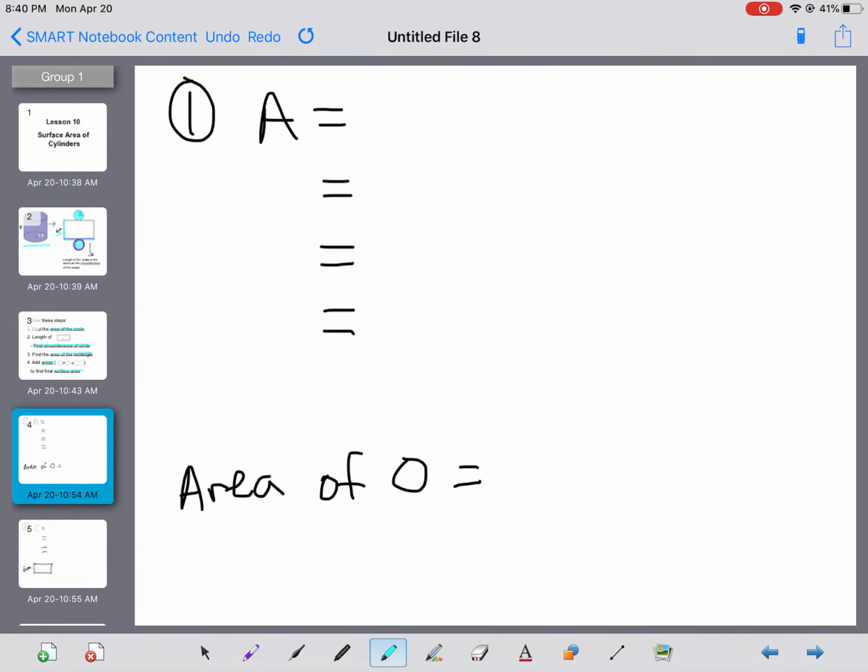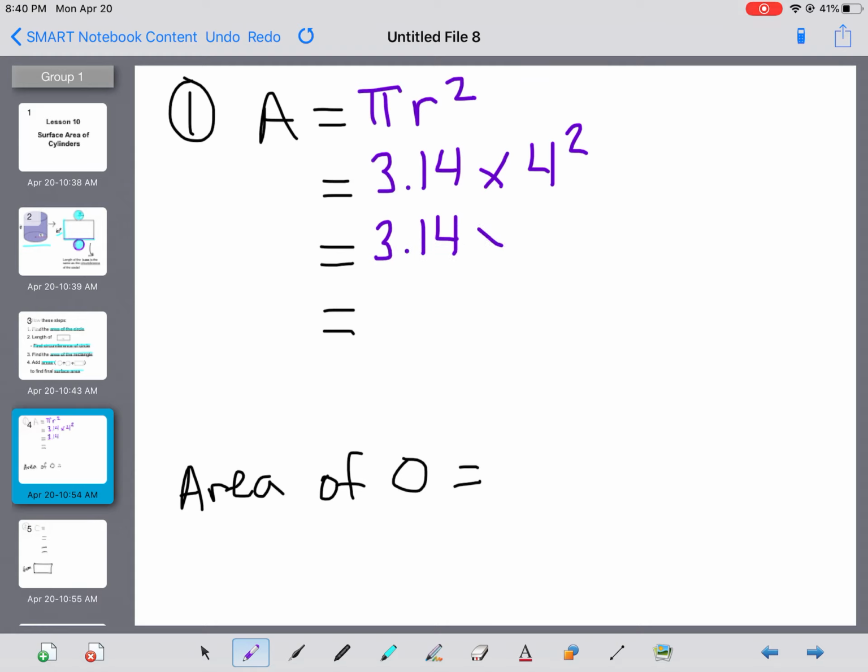All right, let's follow the steps. Step 1 is to find the area of the circle. Our formula for that is pi r squared, which is pi times the radius squared. We know what pi is, and we know the radius of our circle is 4, so that's 3.14 times 4 squared. Remember, 4 squared is not 4 times 2, it's 4 times 4.